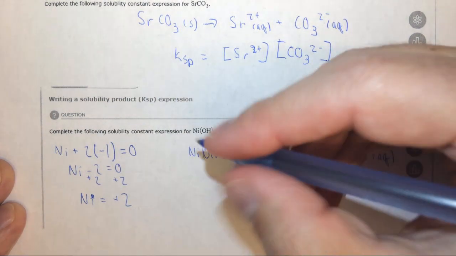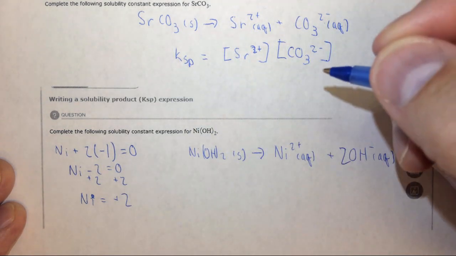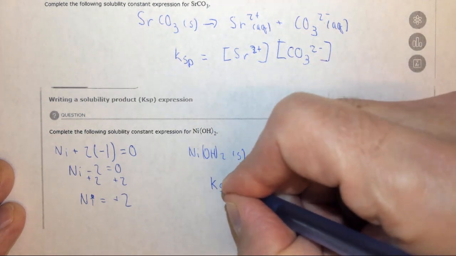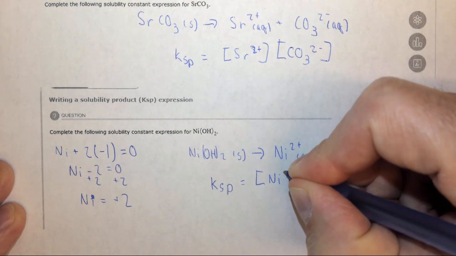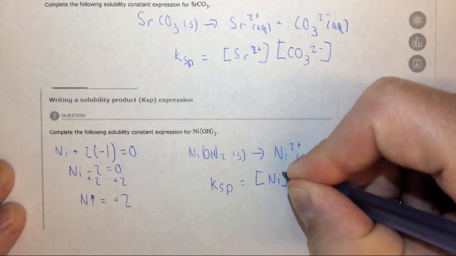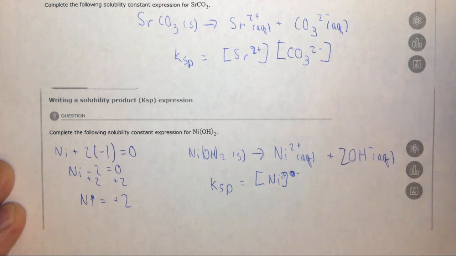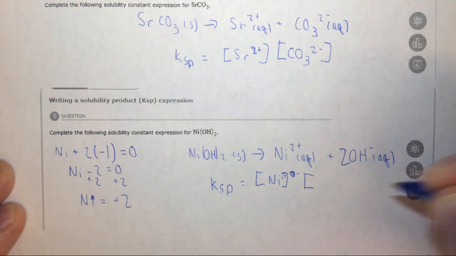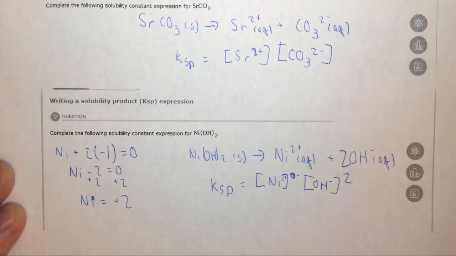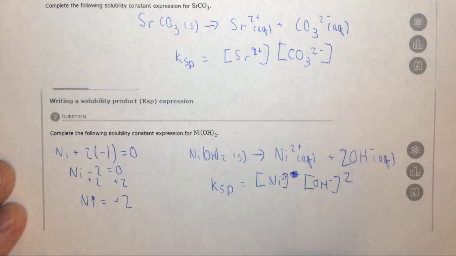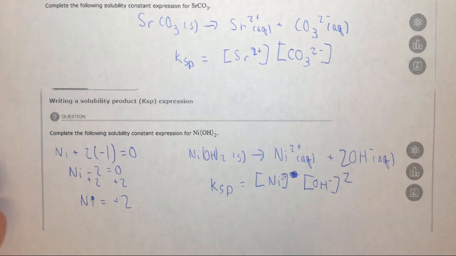Again, we ignore the solid because it's not aqueous, and the Ksp is equal to the concentration of Ni2+, the 2+ should be in here, concentration of OH-, and because there's 2 of them, we square it. So we get the concentration of Ni2+ times the concentration of OH- squared. So these are just 2 different examples of how you might write the Ksp expression.